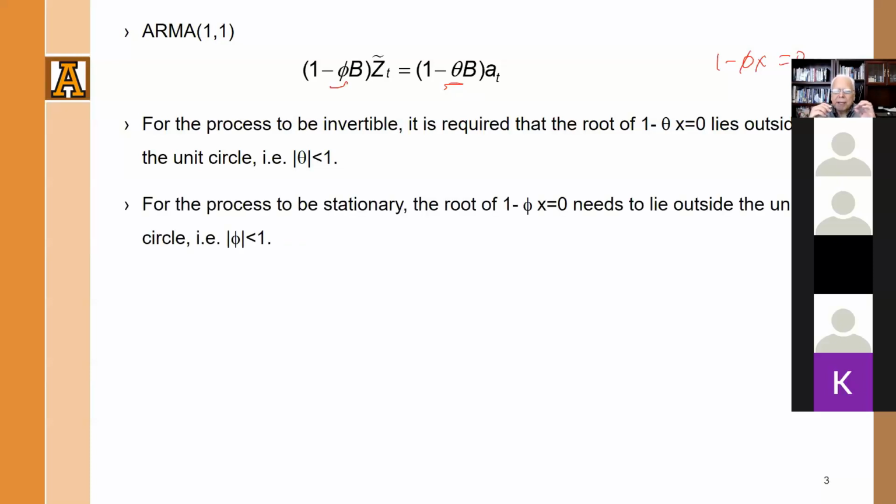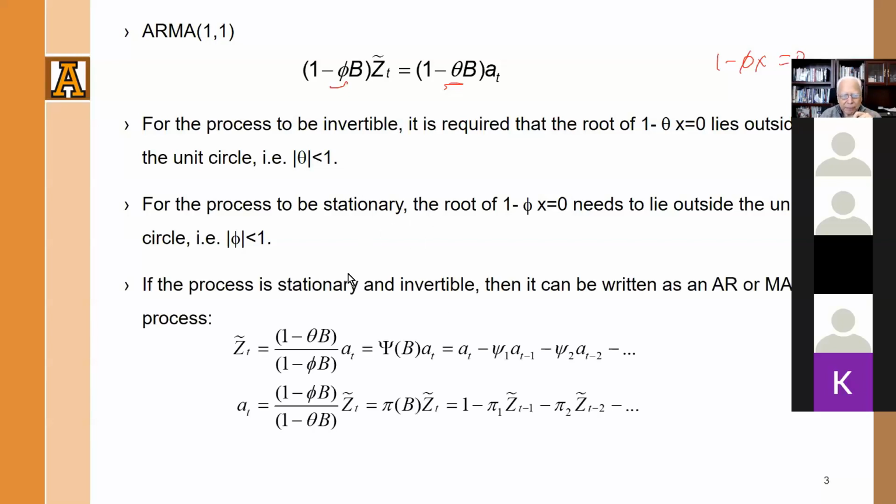So in the ARMA processes we will still require that the processes are stationary and invertible. Stationarity imposes conditions on the AR coefficients, and invertibility imposes conditions on the MA coefficients. So we need invertibility and we need stationarity.